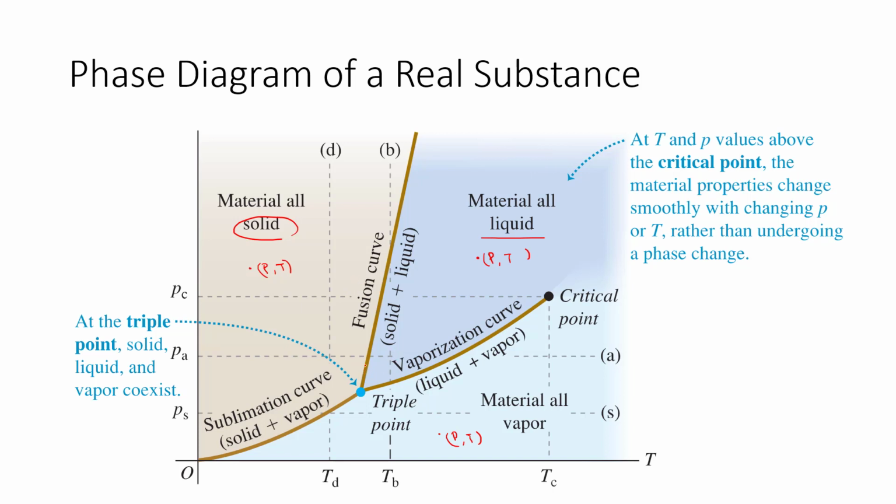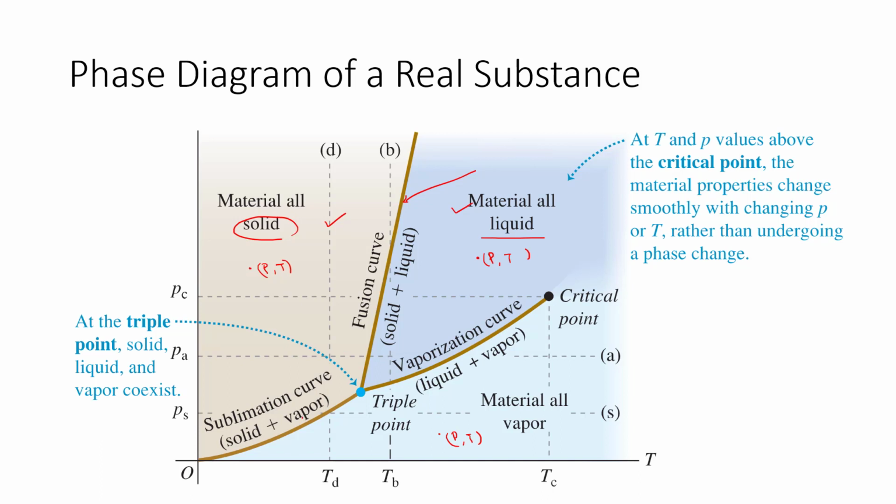All the points here denote the condition for the existence of solid-liquid equilibrium. On this side it's all solid, on this side all liquid, but if the coordinates P and T lie on this line, then that would represent solid-liquid equilibrium. You can get both solid and liquid at that particular state.